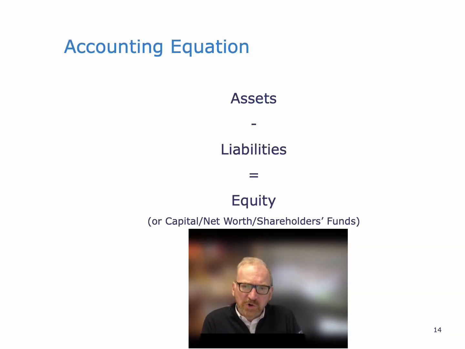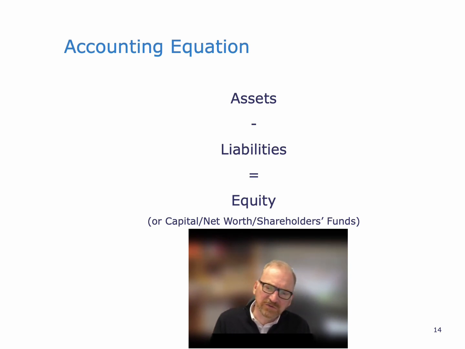A very important thing to appreciate in relation to the statement of financial position is the accounting equation, because that's what makes the statement of financial position work. The accounting equation says that assets minus liabilities equals equity. And I want you to think about that in this way.